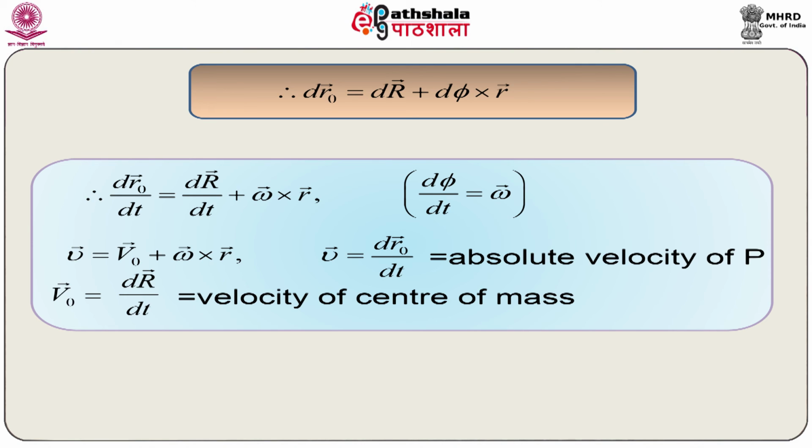Here small v vector is d dt of r_O vector, the absolute velocity of P, whereas capital V vector suffix O is d dt of capital R vector, which is the velocity of center of mass, that is the velocity of O. It is also known as translational velocity of the body, whereas omega is the angular velocity of the body about the instantaneous axis of rotation passing through the point O.